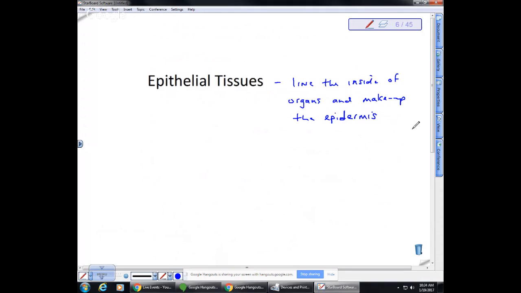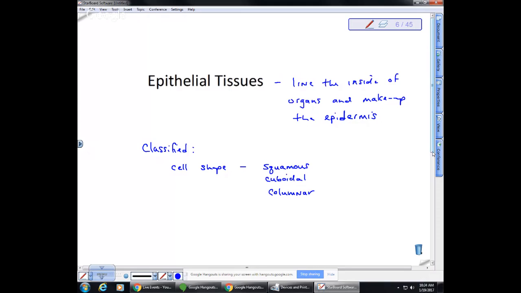So when we look at epithelial tissues, they are classified according to their cell shape. So for example, we could have flat cells, which are called squamous. We could have cuboidal, which are cube-shaped cells, and we could have columnar.